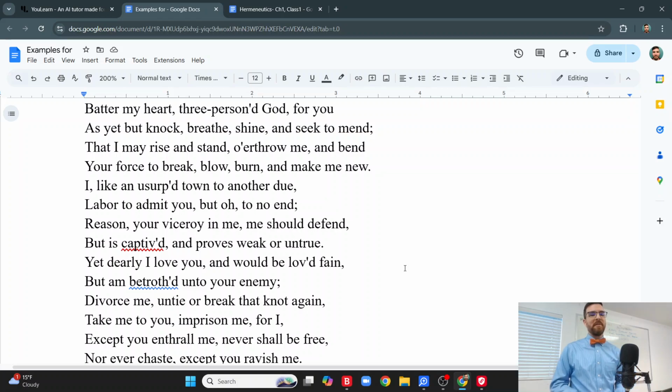Batter my heart, three-person God, for you, as yet but knock, breathe, shine, and seek to mend, that I may rise and stand, or throw me, and bend your force to break, blow, burn, and make me new. I, like a usurped town to another due, labor to admit you, but oh, to no end.